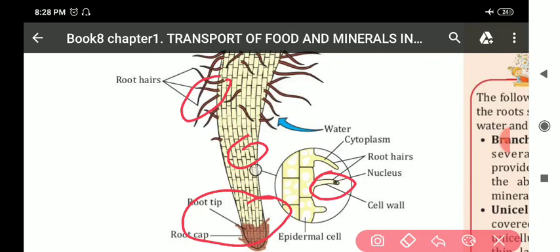Clear? So, root hairs, my dear students, increase the surface area for the absorption of water and minerals from the soil.